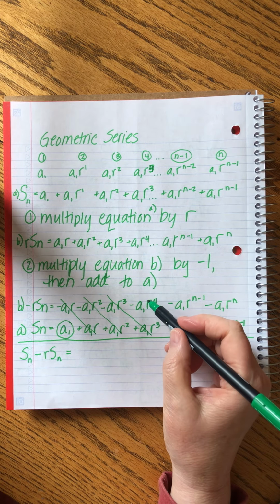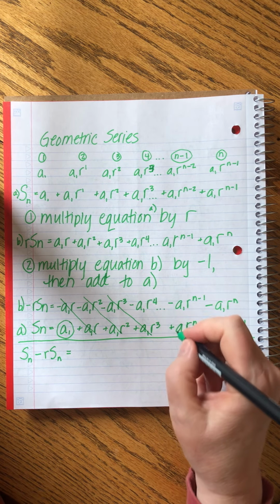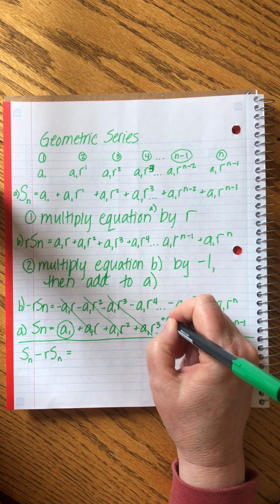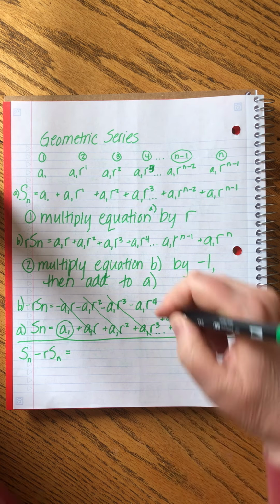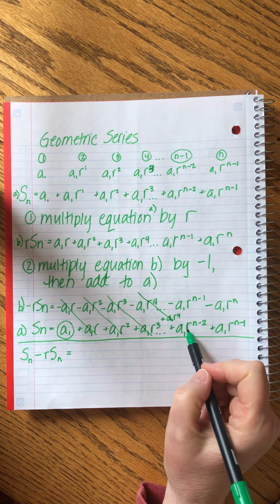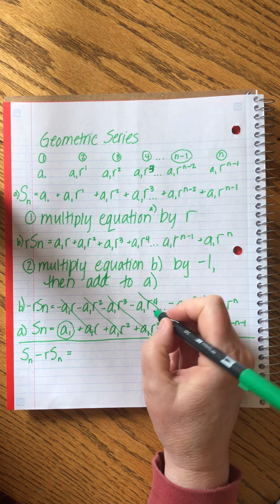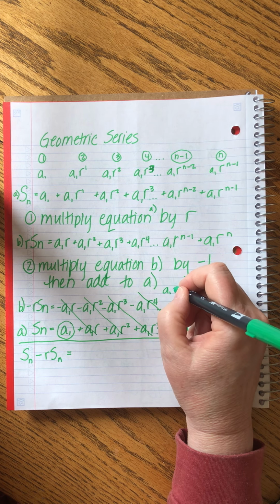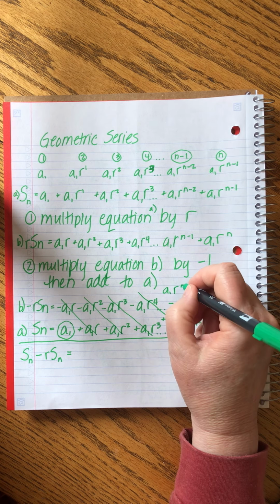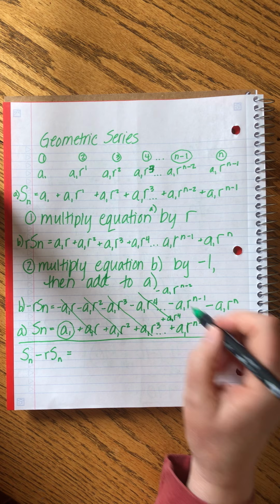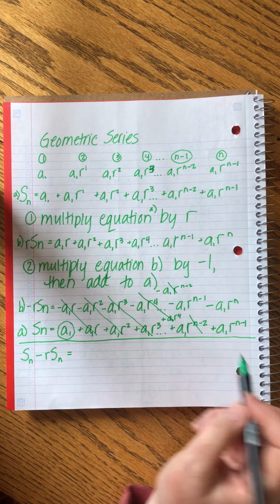We haven't written this out, but we could easily, because we had dot, dot, dot in here, right? We could easily write plus a1r to the fourth to help that cancel. We didn't write a1r to the n minus 2, but we did put the dot, dot, dot. So we can write that in, a1r to the n minus 2. We can put that in the sequence up here. That will allow that to cancel.